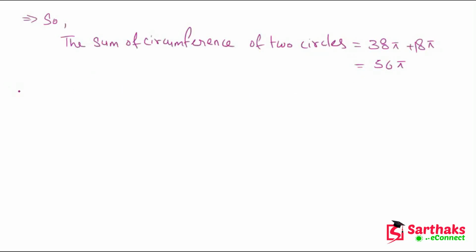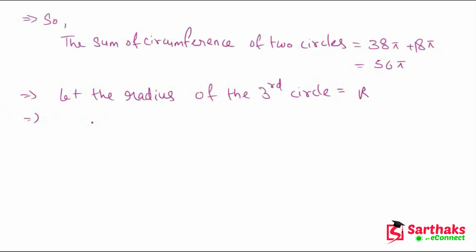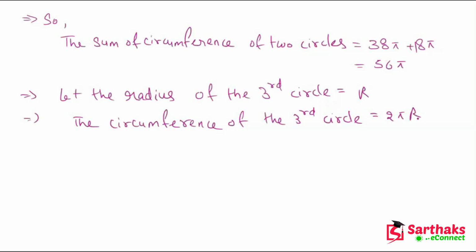Now my dear friends, let the radius of the third circle be capital R. Okay, so now the circumference of the third circle is equal to 2 pi capital R.